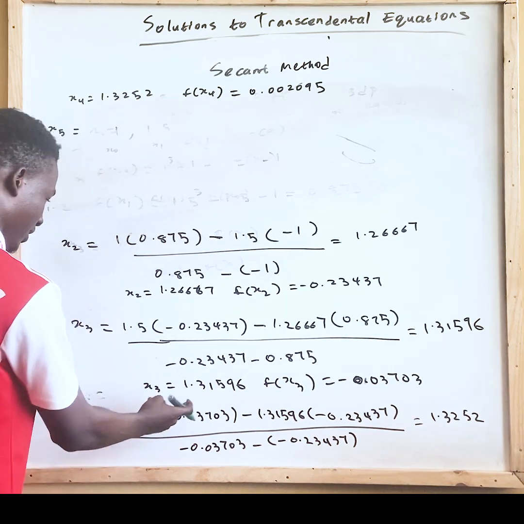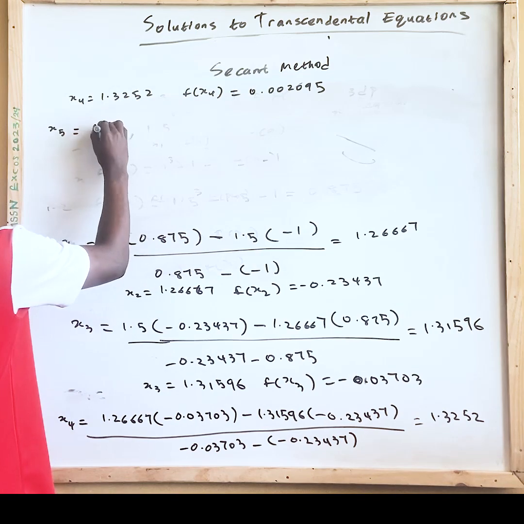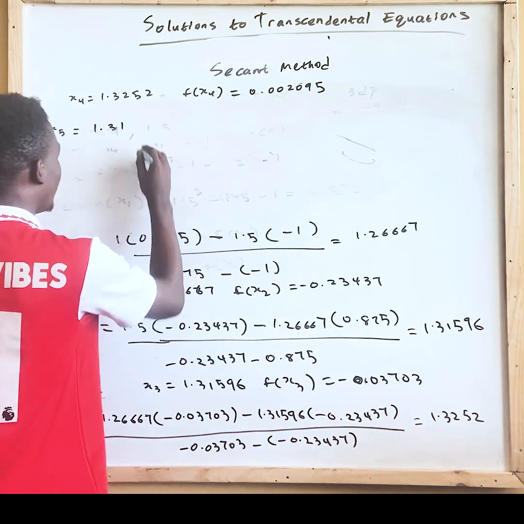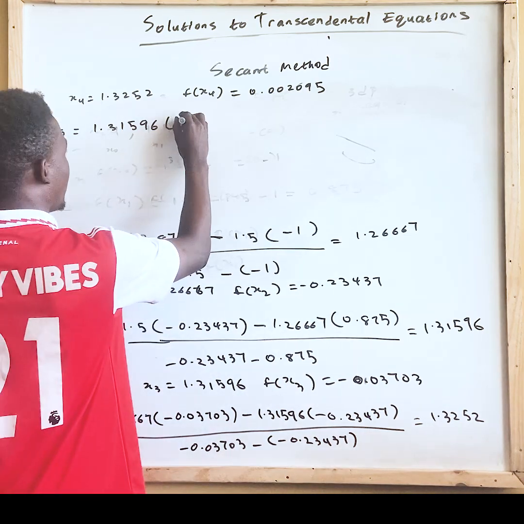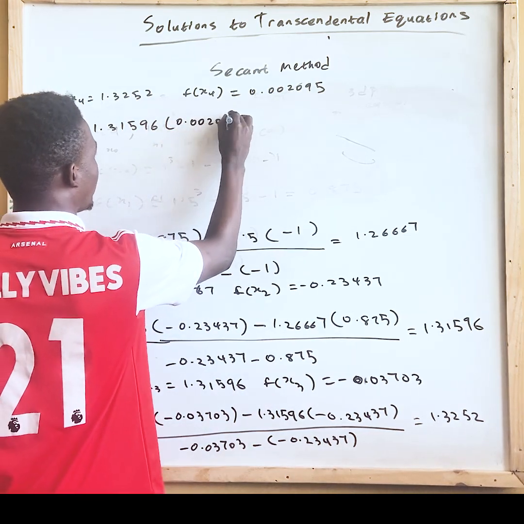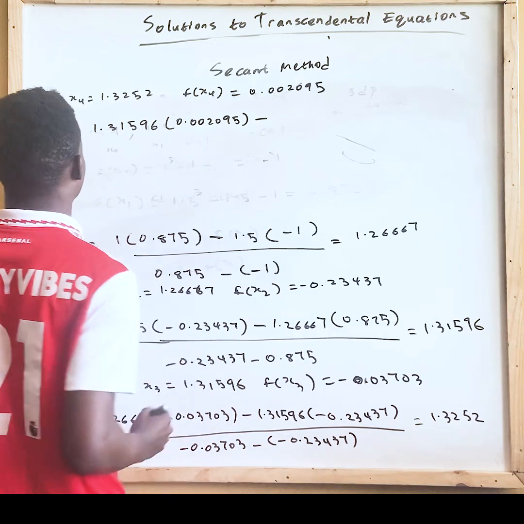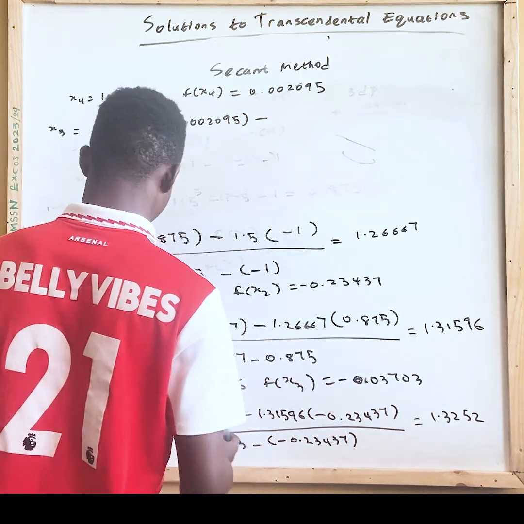So where is x3? x3 is 1.31596. f of x4 is 0.002095, minus x3.